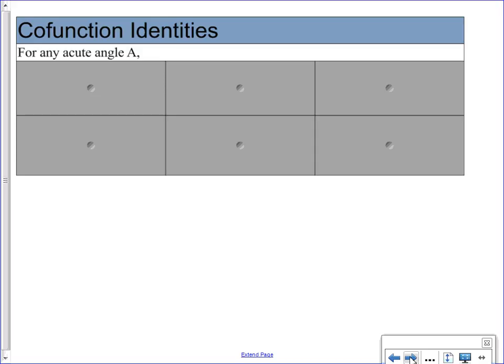As I said, sine and cosine are cofunctions, so the following identities are true. This is the one we just wrote.